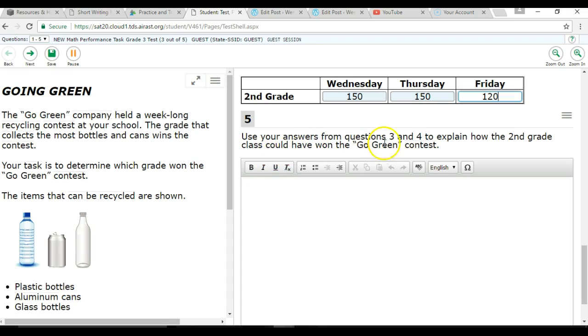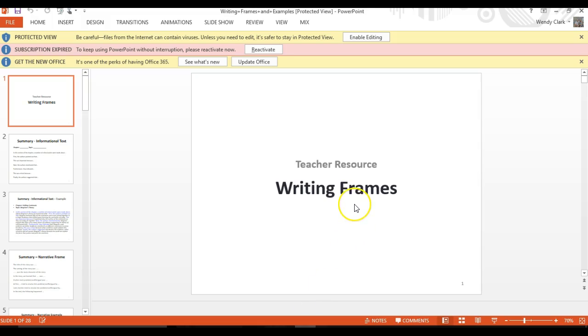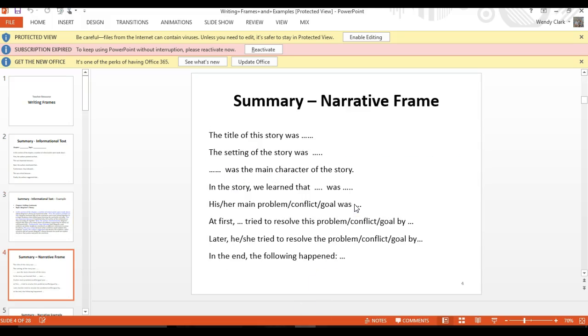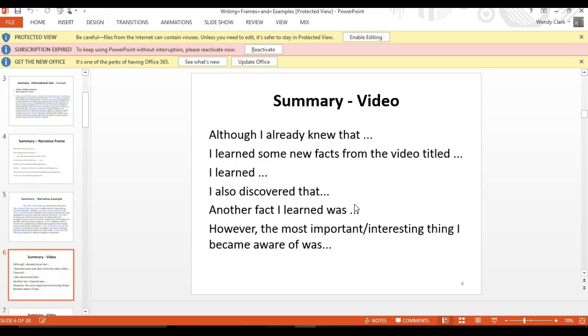So it says use your answer from question 3 and 4 to explain how the 2nd grade class could have won the Go Green contest. So this is where we're going to use a frame. So this morning in our professional development we discussed the writing frames provided by Anita Archer in one of the conference sessions that I went to, and we talked about summary.